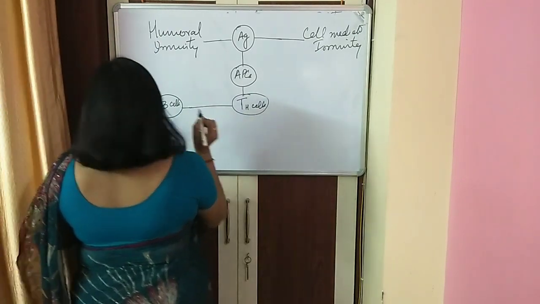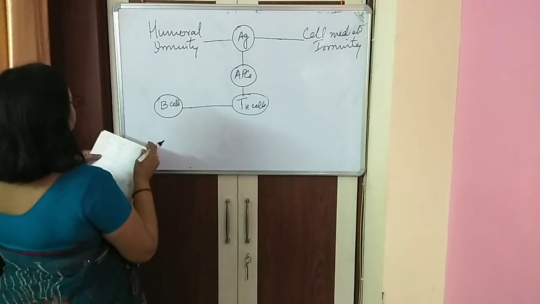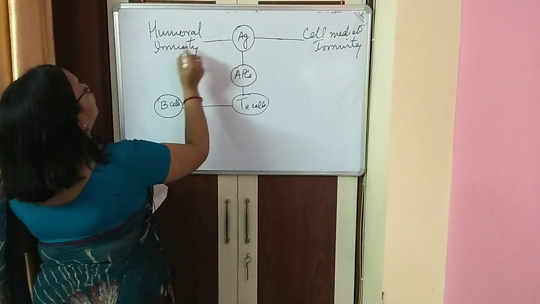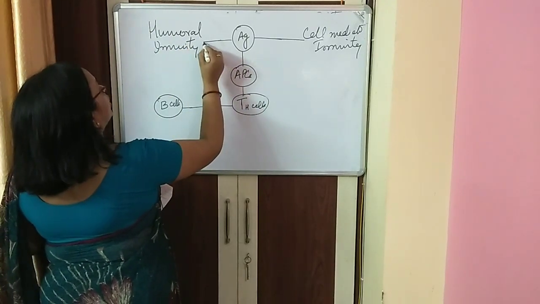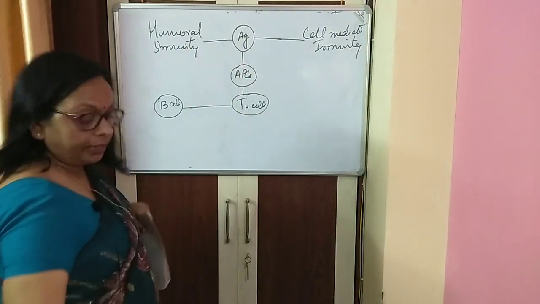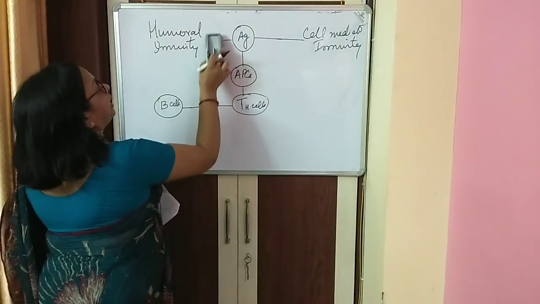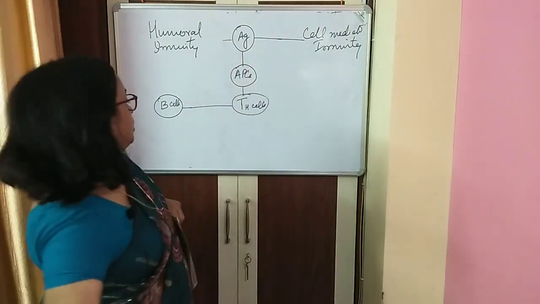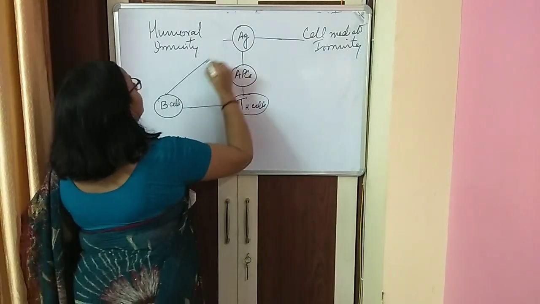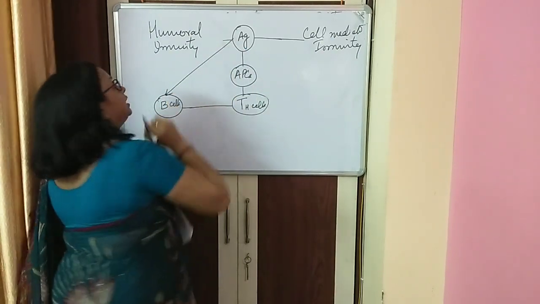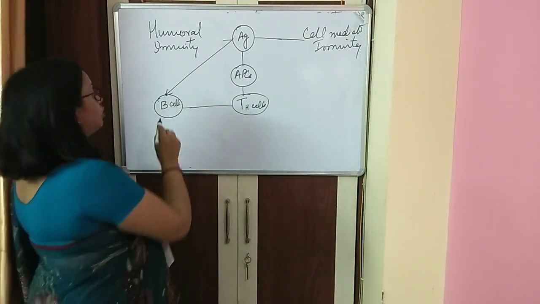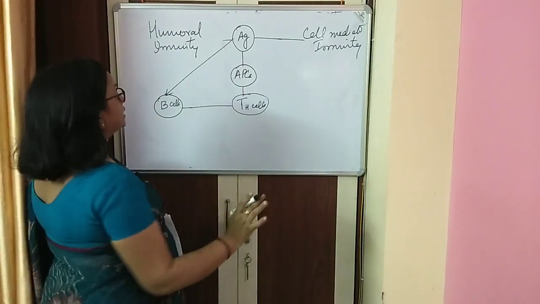So B cells are getting stimulation, and one more thing, B cells may also get stimulated directly by the antigen. So you can see here, antigen can directly bind to B cells, because B cells are also antigen presenting cells.